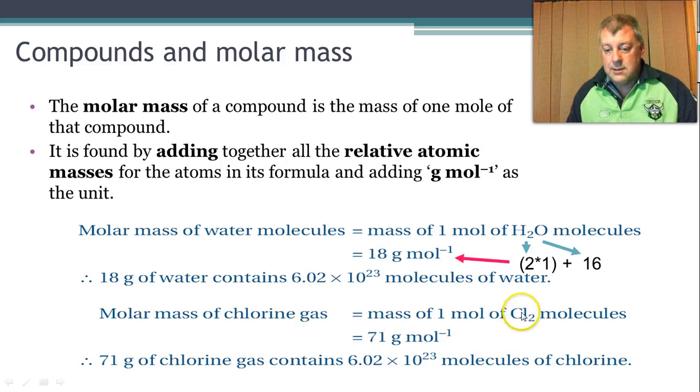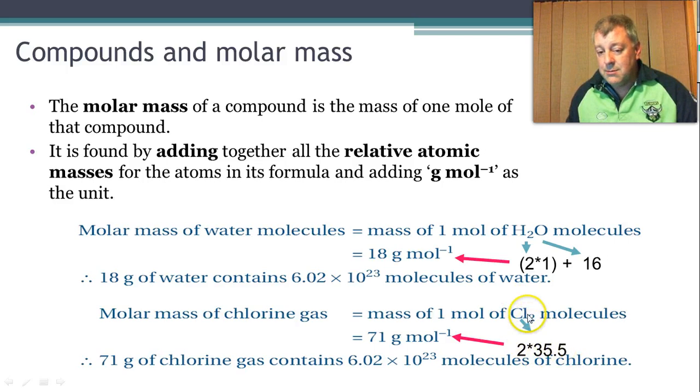Well, chlorine gas is Cl2, so that will be 71 grams, and if we weigh out 71 grams of chlorine gas, it contains 6.02 times 10 to the 23 molecules of chlorine. How do we get the 71? Well, if you look up chlorine, it has a mass of 35.5. That's the mass of 1 atom. There's 2 atoms in the formula, so we times it by 2.